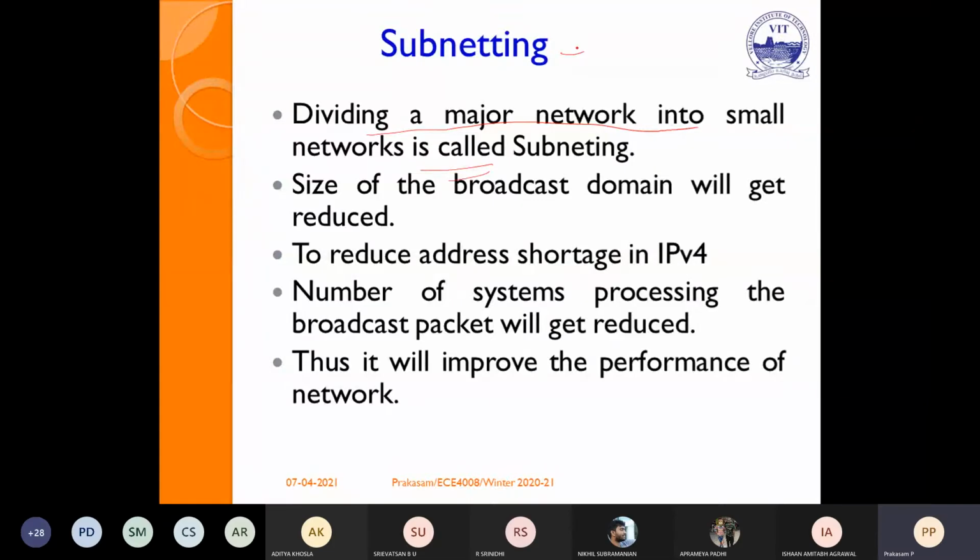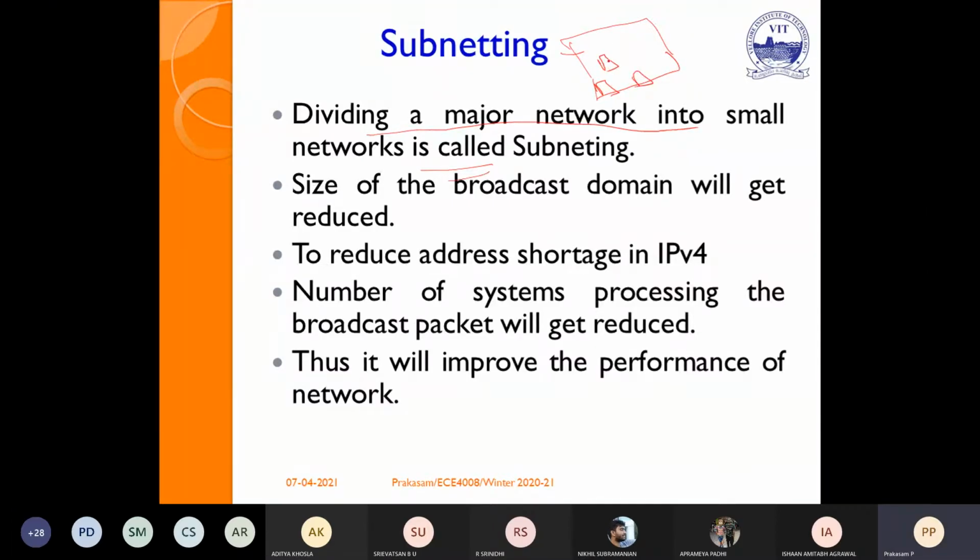Let us consider our EIT. It is a very big network, which may contain more than 10,000 systems. We divide the 10,000 systems block-wise. For example, TT annex is one, SJT is one, CDMR is one.